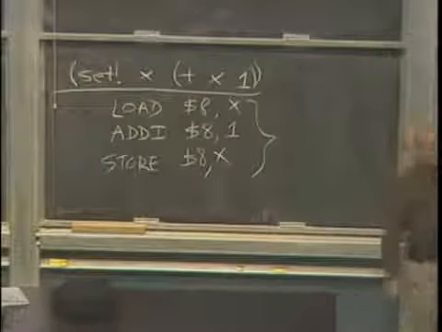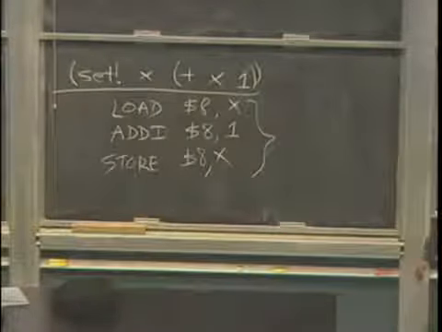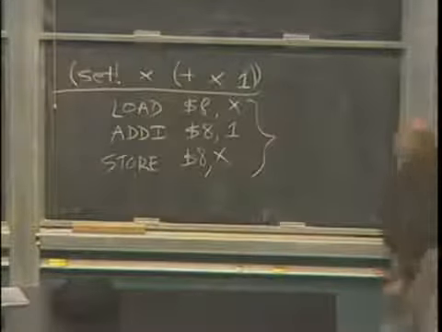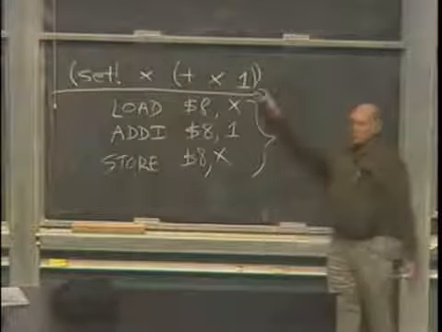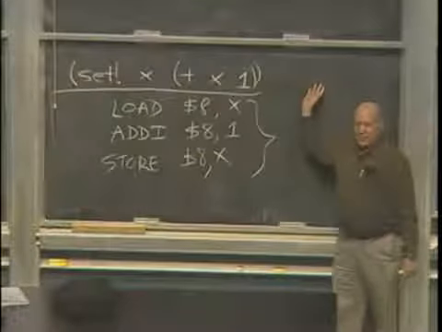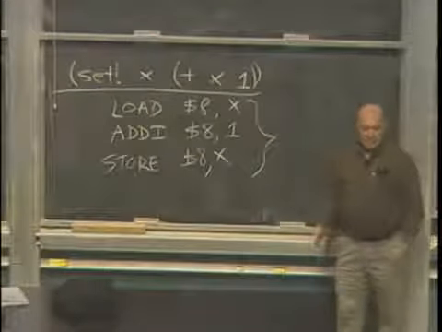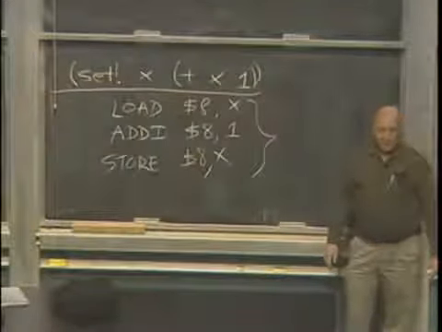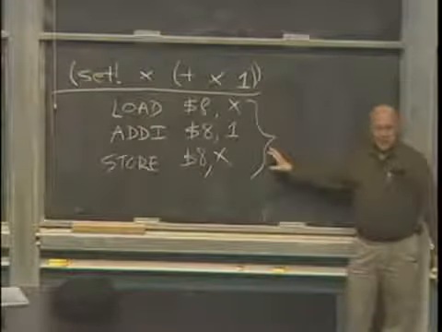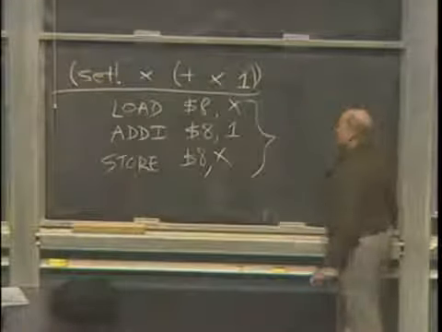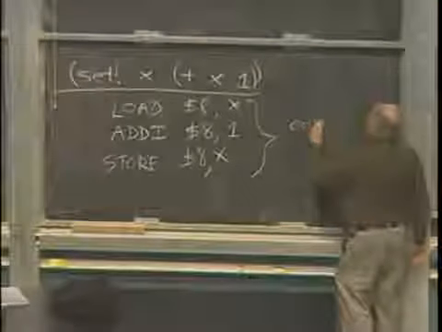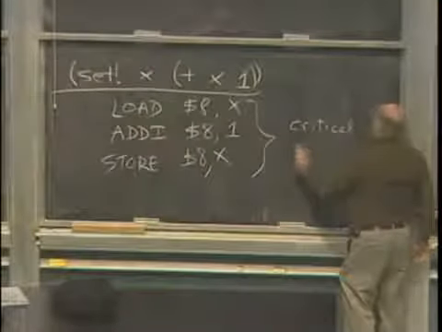Now, that's not the same as just saying, let's not have parallelism, because if the other processor is adding 1 to a different variable, y, then they can interleave, and that's perfectly okay. They just can't both be using X at the same time. So this is what's called a critical section.